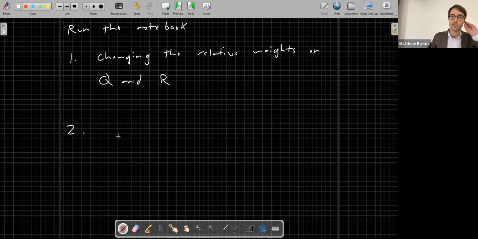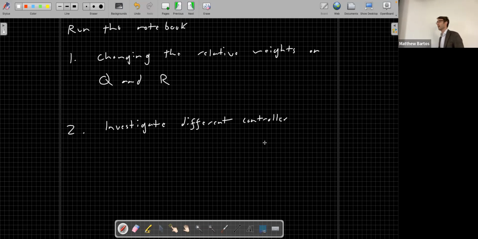And then second, I want you to investigate different controller placements. So you can define your B matrix differently, and try to see what's the best floor to put a single actuator on. I'll give you about 5 minutes to explore those two things on your own: check the effect of relative weights and investigate different controller placements.